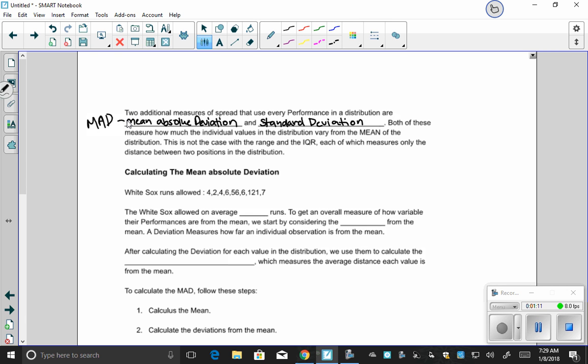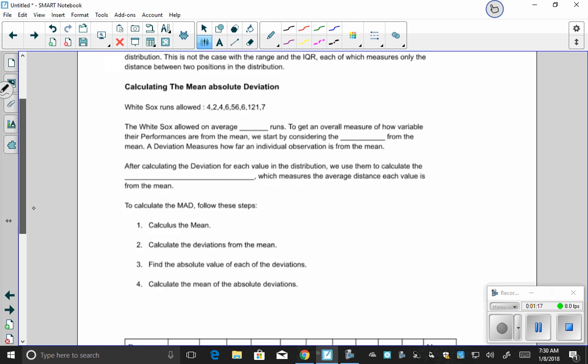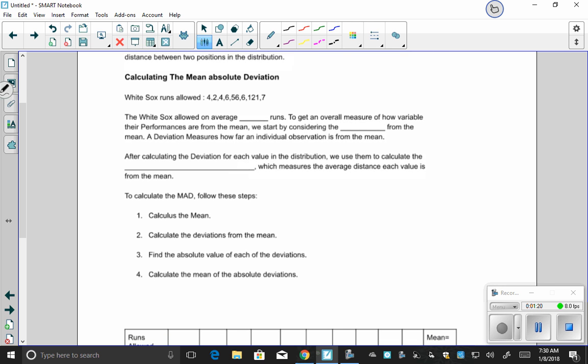So how do you calculate the mean absolute deviation? Well, let's look at the White Sox runs allowed. The White Sox allowed 4, 2, 4, 6. There might be a typo right there. Let me look it up real quick.